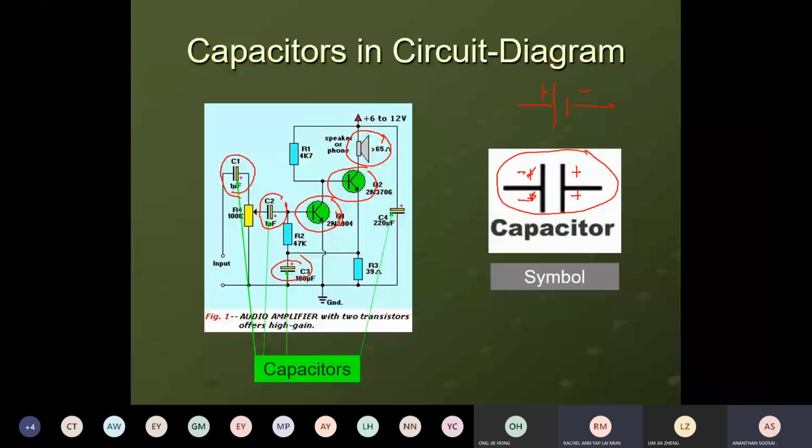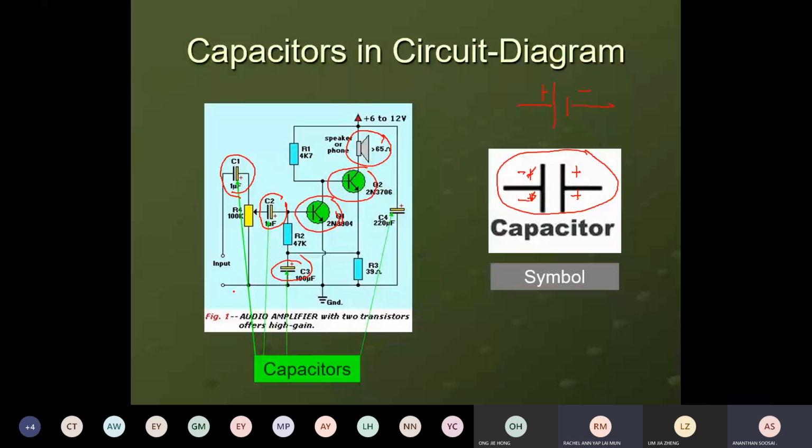Which type of current does a capacitor allow to pass through it? Does a capacitor allow direct current or alternating current to pass through it? Capacitor blocks which current? A capacitor blocks direct current, but it allows alternating current to pass through.